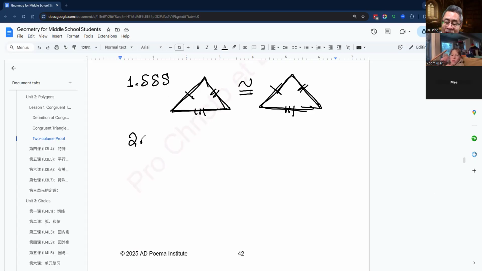Okay, how about the second one? Wait, which second one? What's the theorem? Second theorem. First theorem is side, side, side.